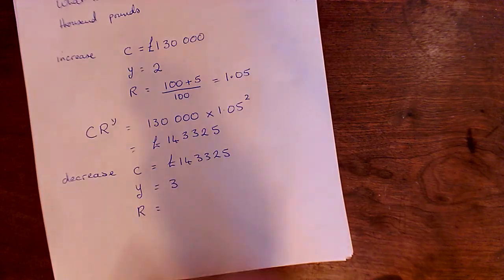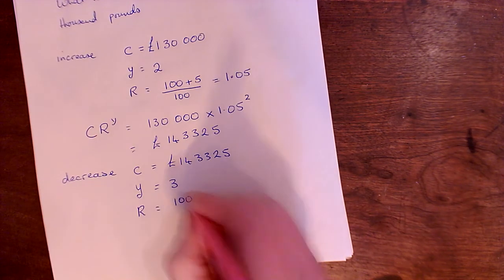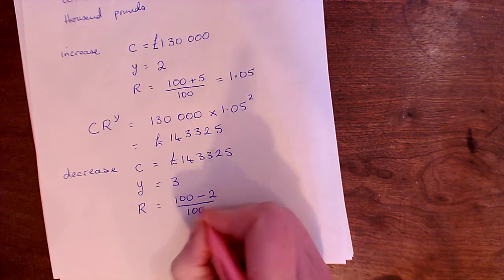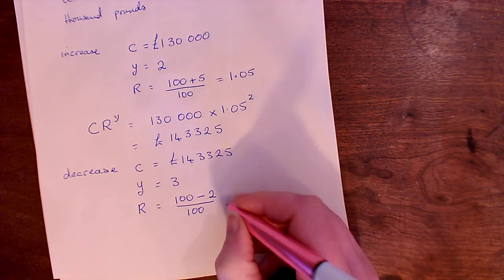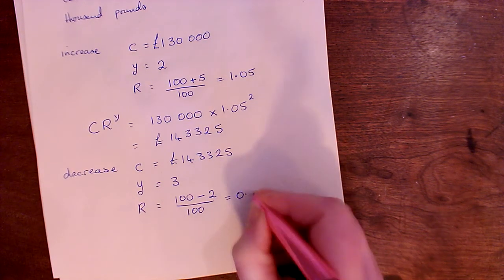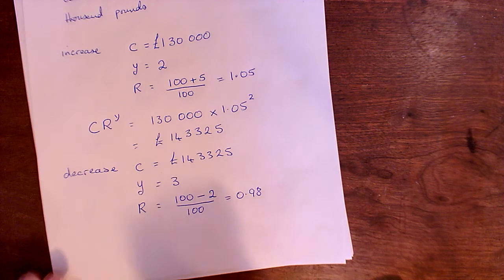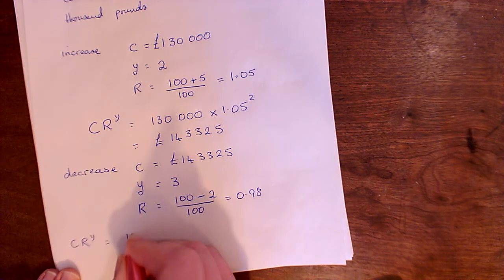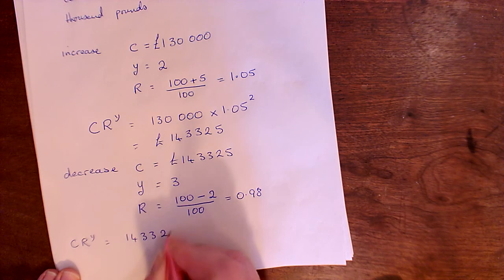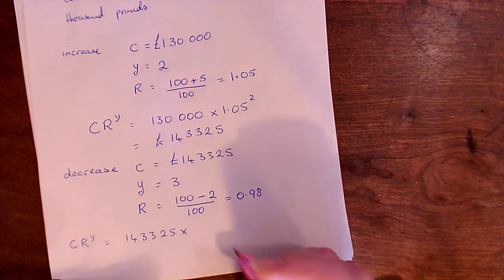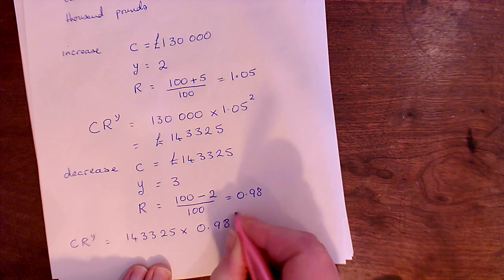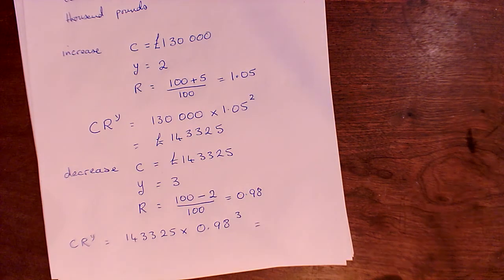So that is 100 minus 2 over 100. 100 minus 2 is 98, divided by 100 gives you 0.98. So what you get now is 143,325 times 0.98 to the power 3, and we can work that out.